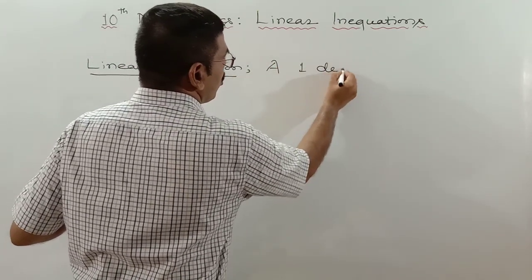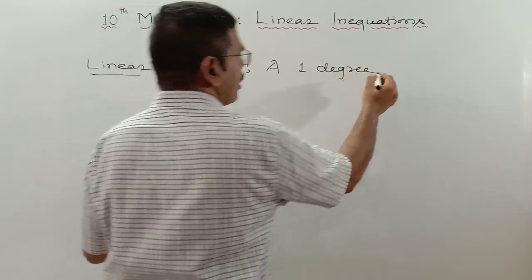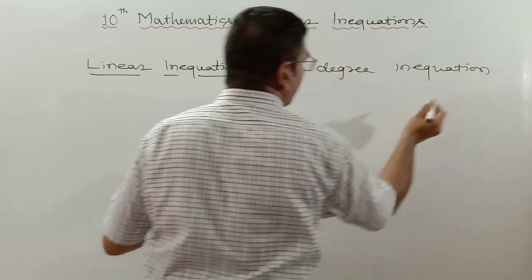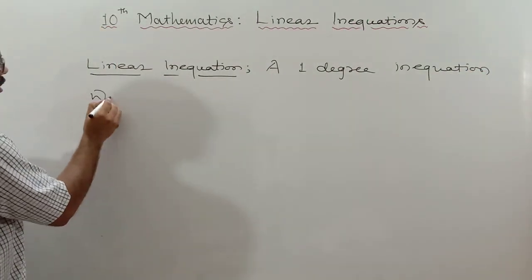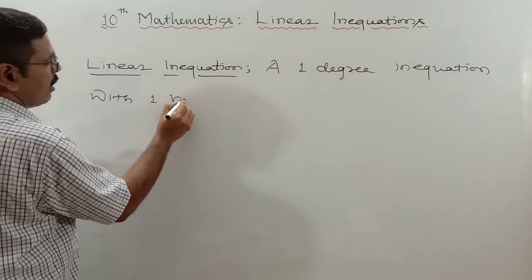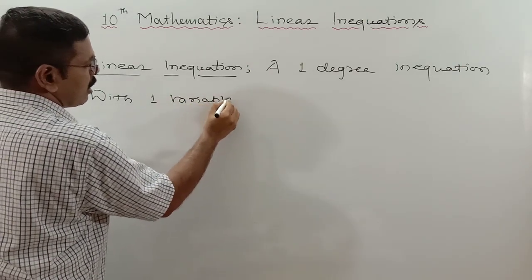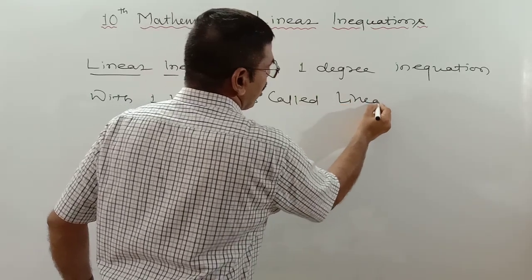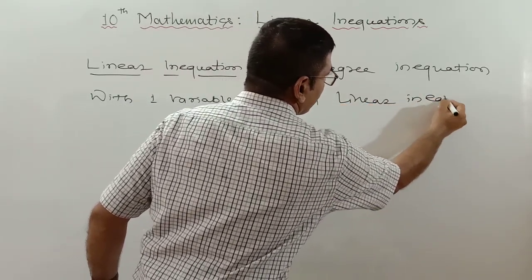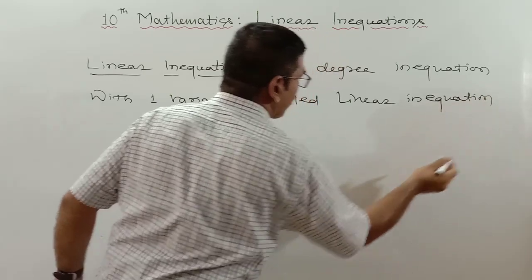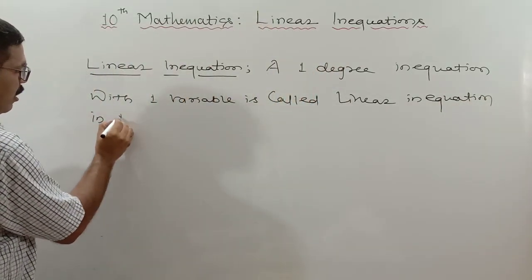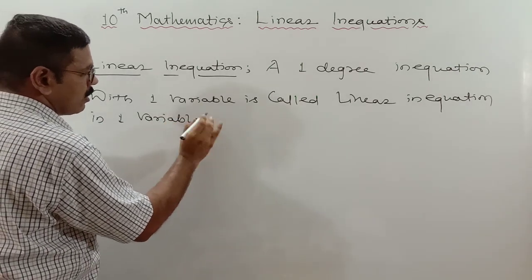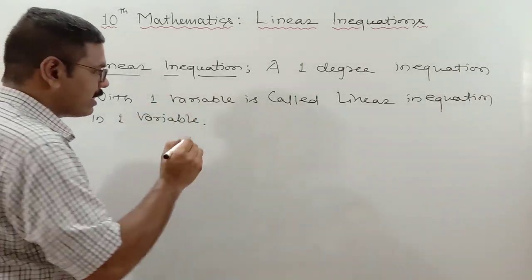A 1 degree inequation with one variable is called a linear inequation in one variable, है ना?